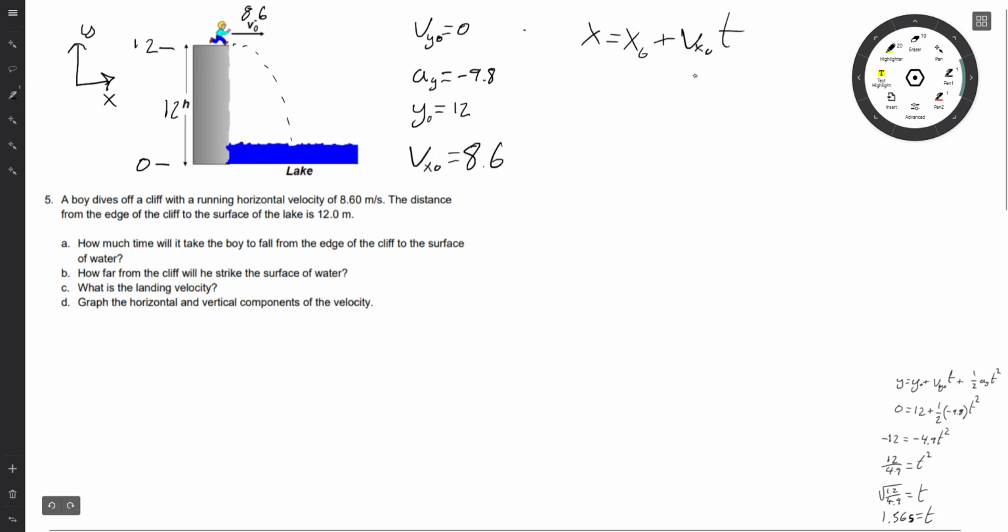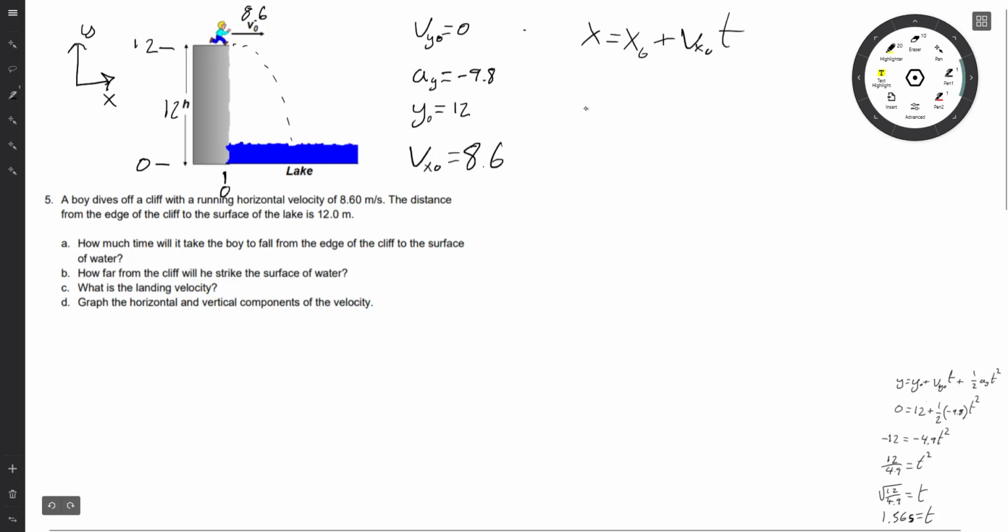So now we just put in some values. Oh, and we should probably identify some x positions. We will identify this location here as 0 on the x-axis, and x is positive to the right, so we're just going to have some positive value here.